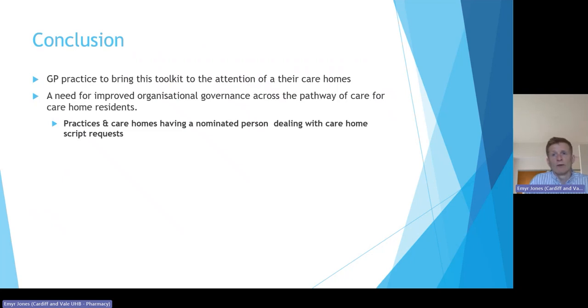One way of doing this is to identify roles within the practice, so having a nominated person to deal with care home prescription requests, and similarly within the care home having a nominated person and a deputy to support with the ordering process, to make sure we get things done as smoothly as possible.